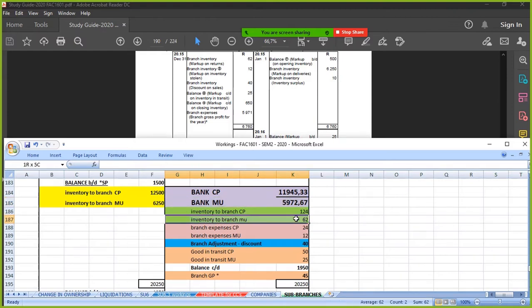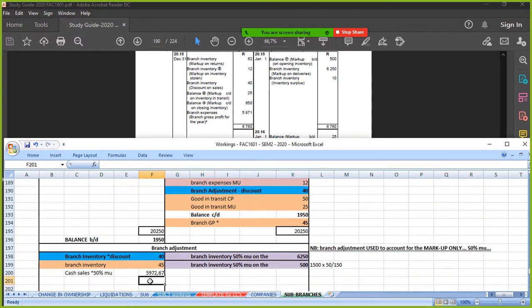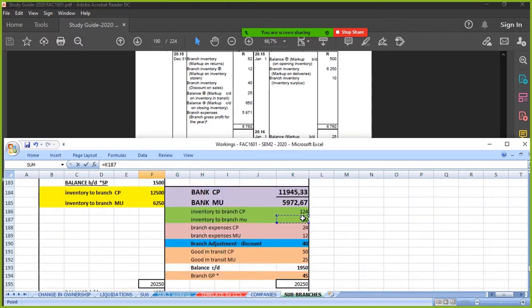Here, the inventory. Okay, this 62 is inventory to the branch. This was the markup on that stock. Okay, this needs to go into the branch adjustment. Okay, you're showing it separately. There's the 62. That's the returns. Okay, so I'm going to show the 62. Reference my 62.